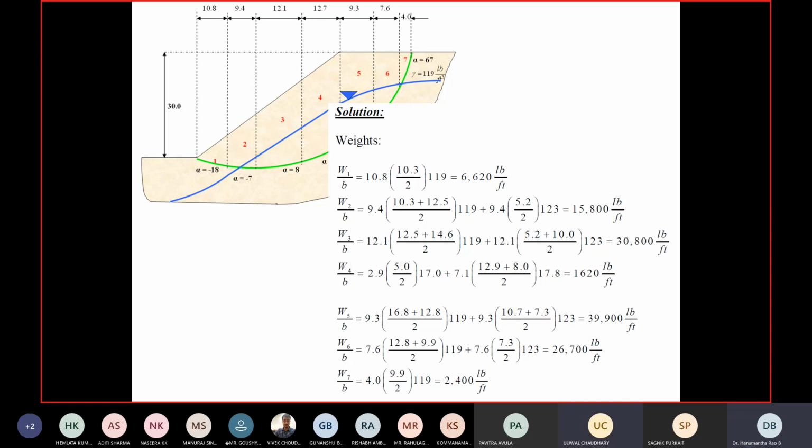So the average heights taken are also wrong, I guess. Which one? The average heights like 5/2 and 12.9 plus 8/2. For W4, 5/2, we consider it as an average only, no? Average means the addition of some heights divided by 2, but here it's directly written 5/2.